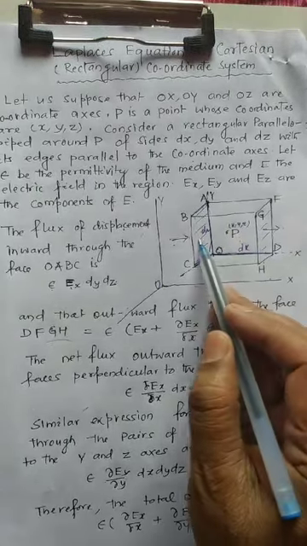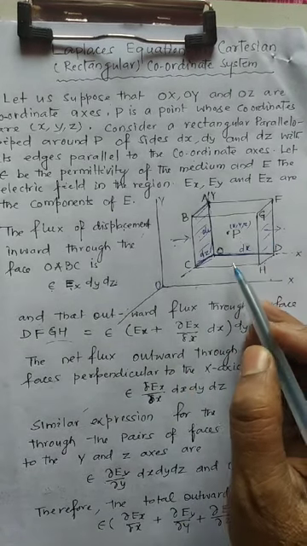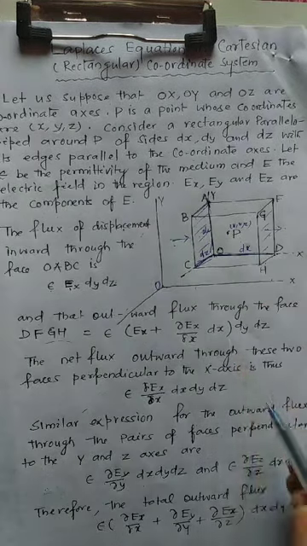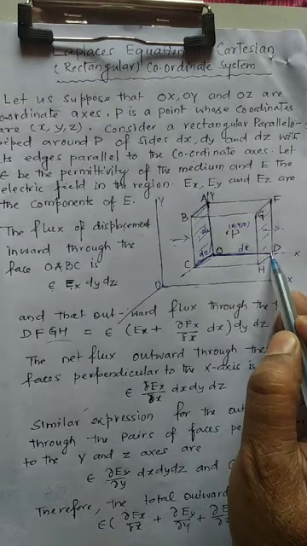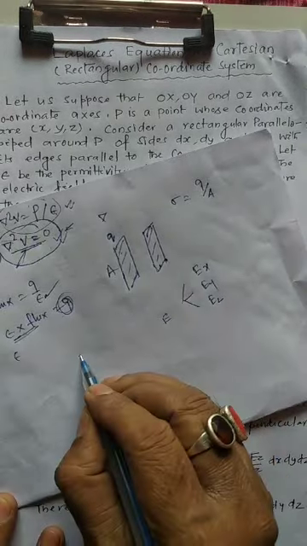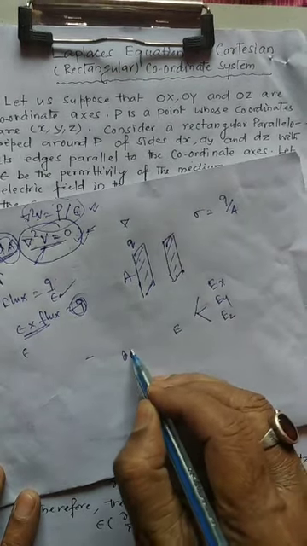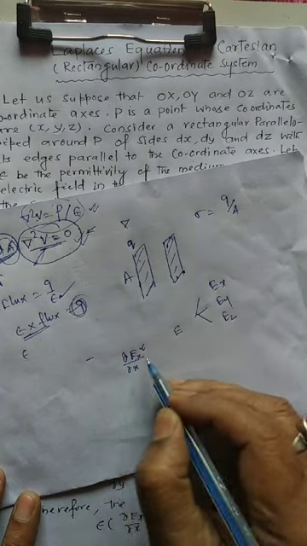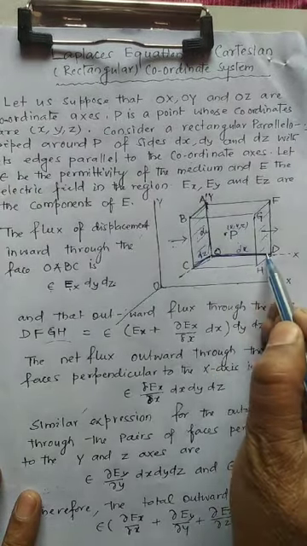When we move from this face to this face, the electric field changes. So let us see first what distance we cover, O to D. The rate of change of electric field per unit distance is del Ex by del x, along the x-axis. And how much distance do we cover? dx.